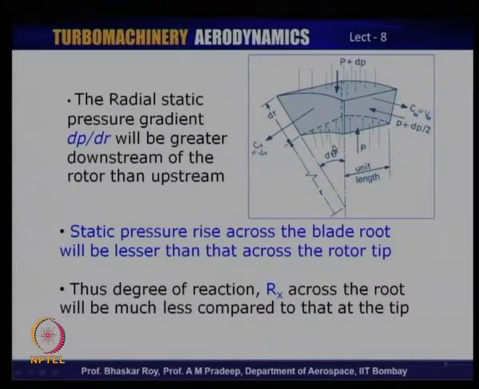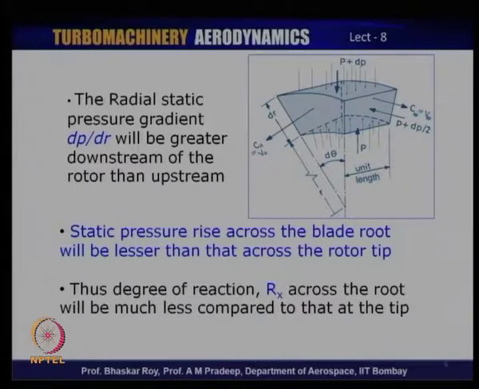We have also seen that the CW varies along the length of the blade. So, wherever CW is higher, it would correspondingly try to give a stronger dP/dr gradient. The static pressure rise across the blade root will be lesser than across the rotor tip.